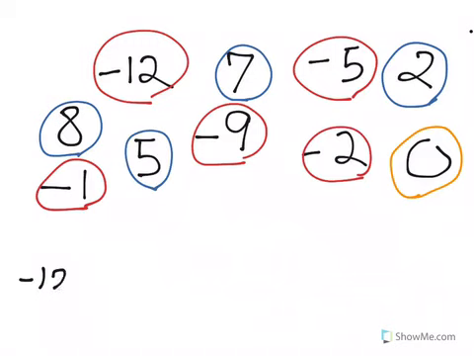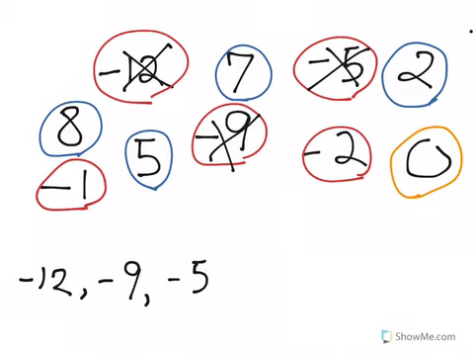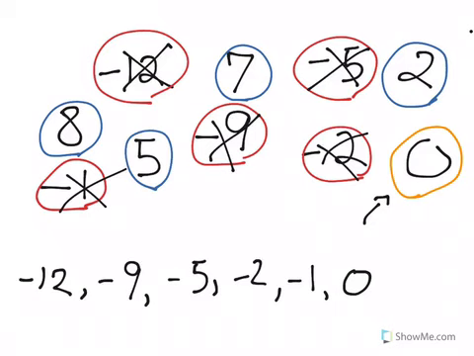So I'm going to start with -12, cross that out. Next, it looks like I've got -9, cross that out. Next, we've got -5, so we can cross that out. -2 and -1, and cross those out. Next, I have kind of our neutral number, right? Not positive, not negative. I'll put 0 there.